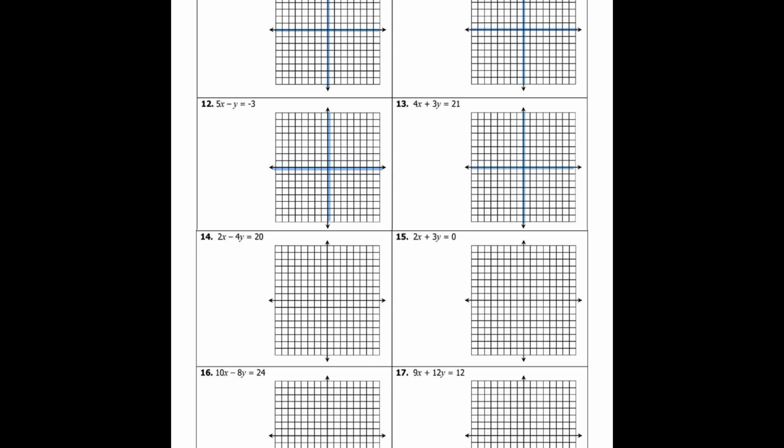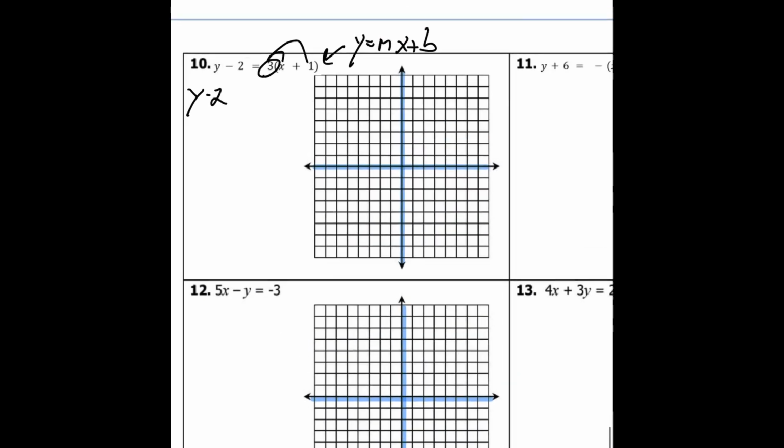Just like solving equations any other time, if we have a number in front of a parentheses, we are going to distribute that number to both terms inside of the parentheses. The left side of the parentheses we're not touching, so that will drop down, y minus 2.